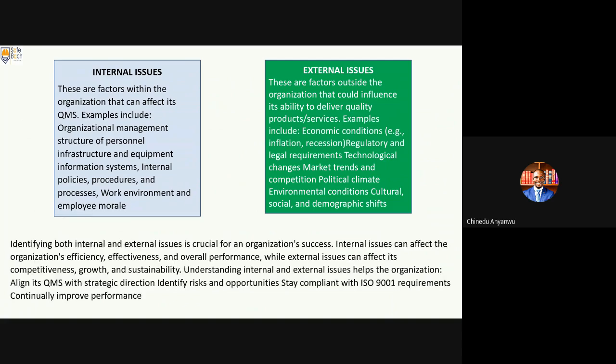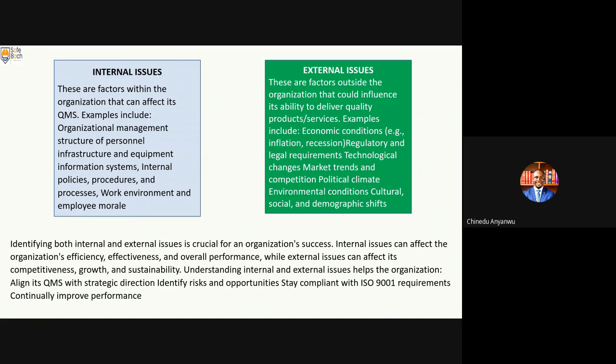Now, why is it important to understand this? Identifying both internal and external issues is very important for every organization to succeed. Internal issues can affect an organization's efficiency, effectiveness and overall performance, while external issues can affect the organization's competitiveness, growth and sustainability.